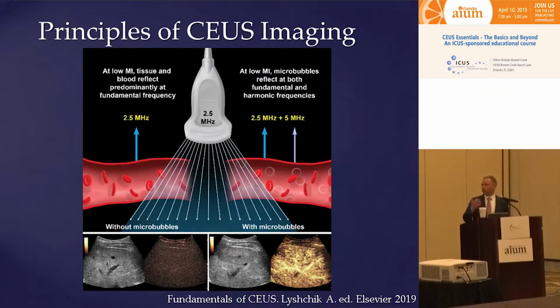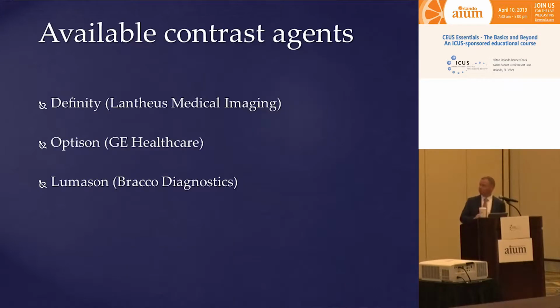So if you subtract this 2.5 megahertz using different imaging techniques like amplitude modulation and some other tricks that manufacturers use in their systems, you only end up with the signal coming from, let's say, 5 megahertz. And then on your screen, you're going to have 2 images: a B-mode image obtained with very low MI at 2.5 megahertz frequency, and then a contrast-enhanced ultrasound image right next to it, showing you bubbles and nothing but the bubbles.